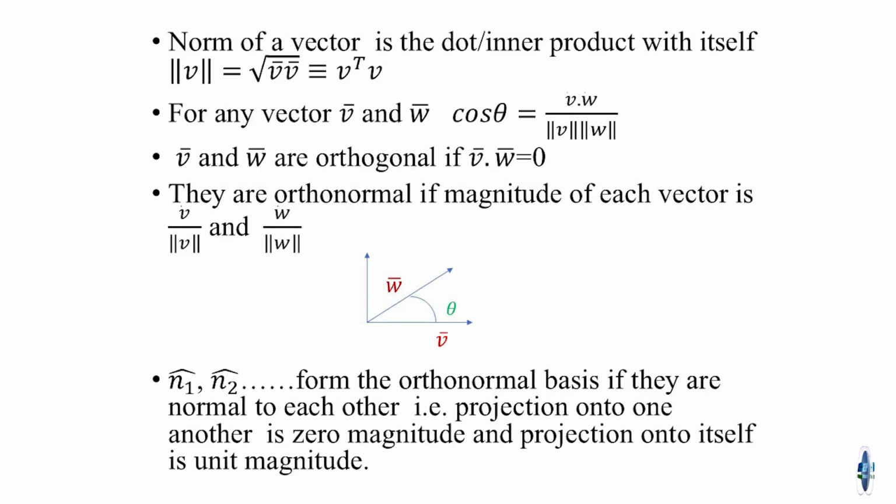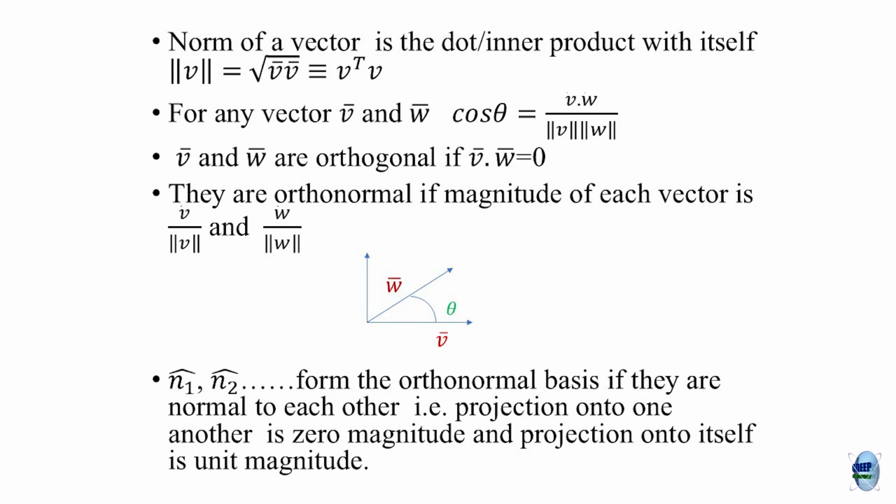All right, then couple of trivial definitions, if you will. The norm of a vector is the square root of the transpose of the vector times the vector under root. And if you have got any two vectors v and w, the angle between them is going to be the dot product of the two divided by their respective magnitudes.